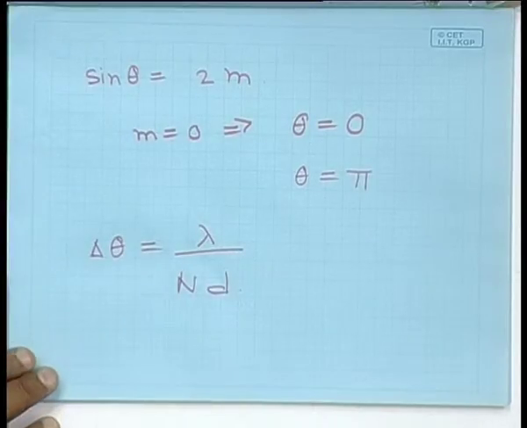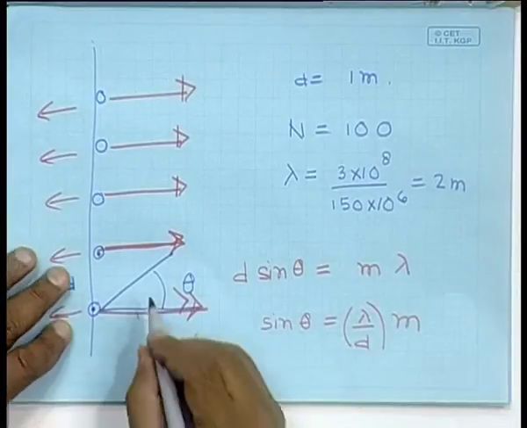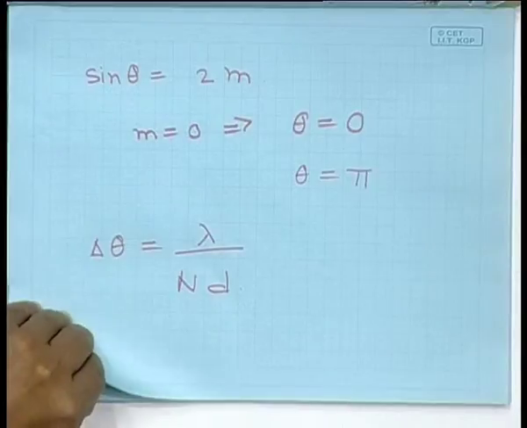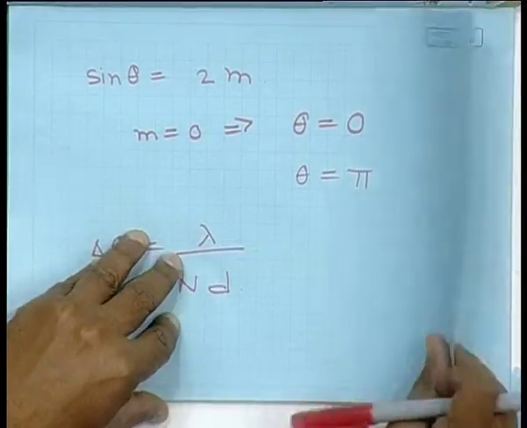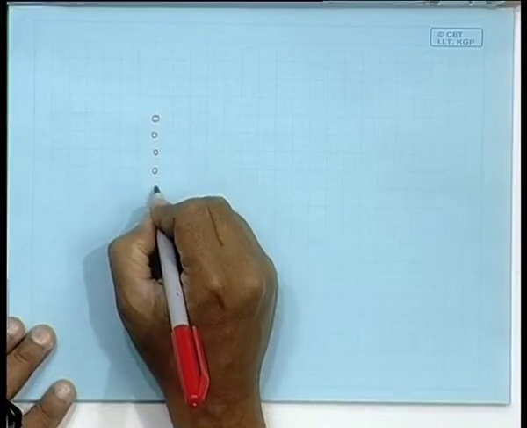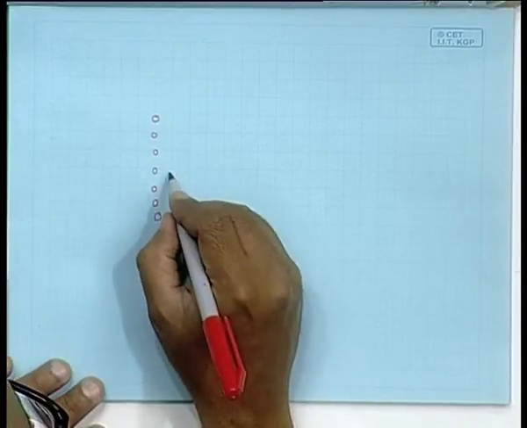So, what we find is that the radiation pattern from this array of dipoles, let me draw the picture for you over here again. So, we have this array of dipoles like this. The radiation pattern from this array of dipoles is like this.